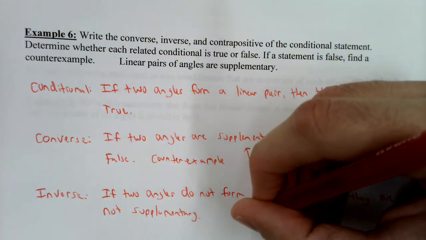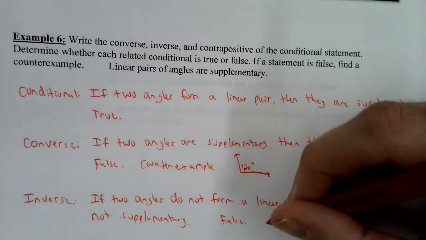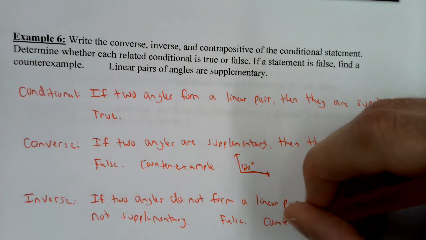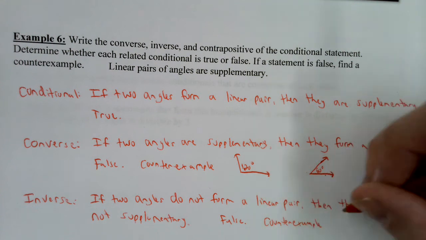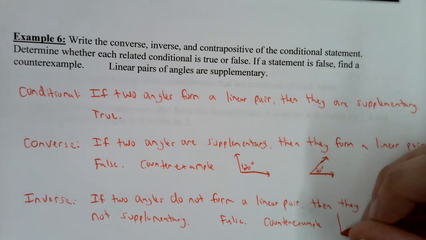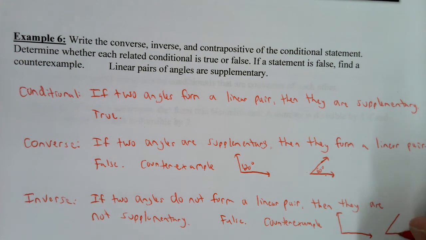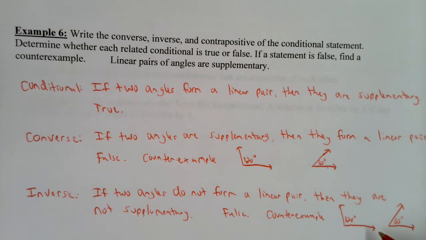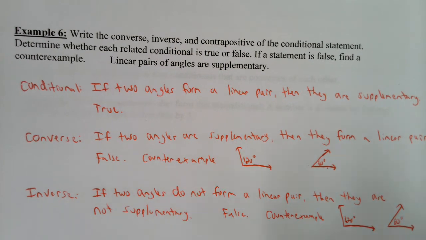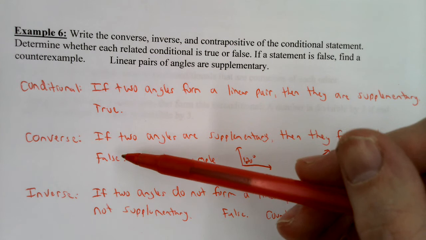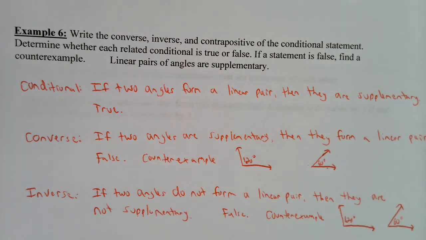That is false. So for my counterexample, I'll do the same diagram as before. Let's say this is 120, this is 60. Well, these two angles do not form a linear pair, but they are supplementary. So that's why the inverse is false. So the conditional is true, converse is false, inverse was false.